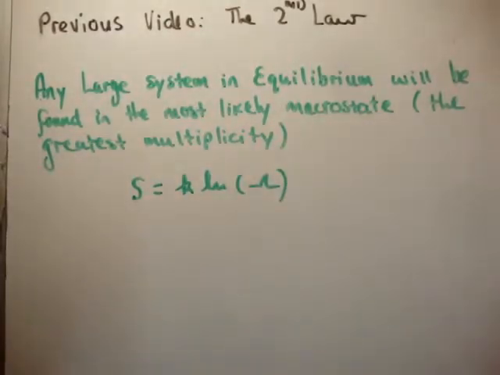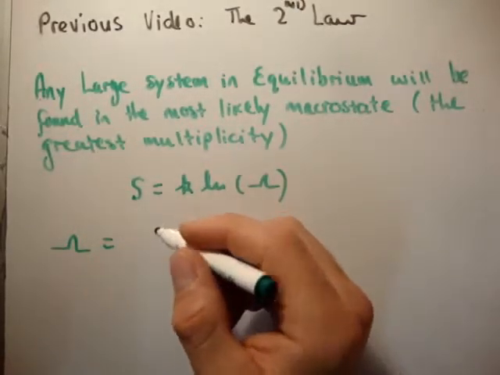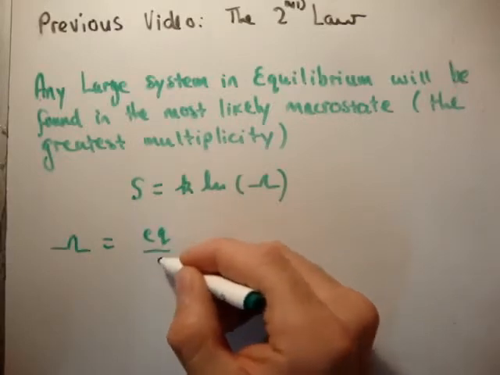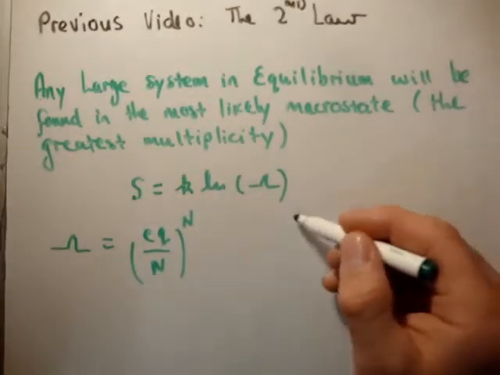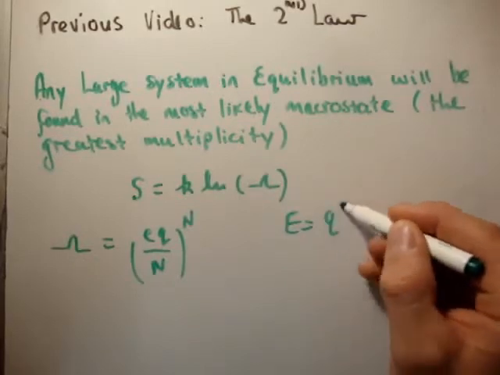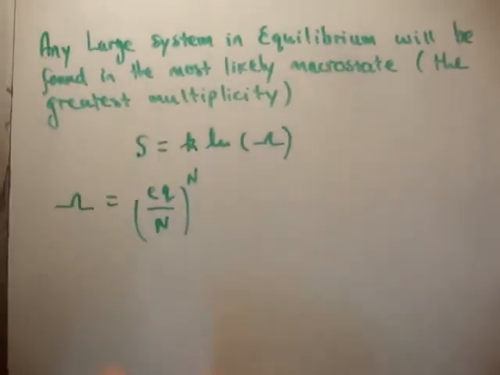So in previous videos we showed that the multiplicity of an Einstein solid is equal to eq over n to the n, where n was the number of units of energy in the solid and the total energy was equal to q times h nu. But I'm just going to ignore h nu for the moment because look, it's only a constant. So let's get the natural logarithm of it and so on.